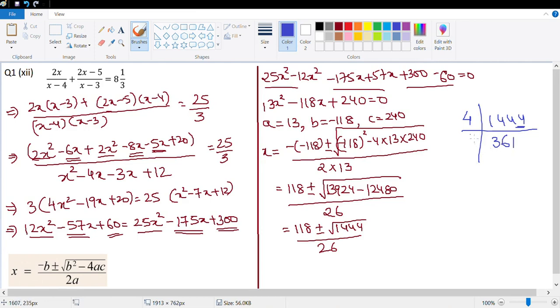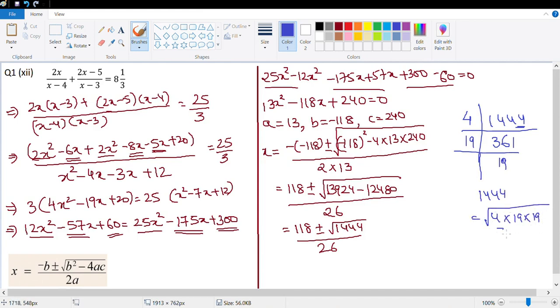Anything else? I think 361 will be a prime number. No, 361 is not a prime number. In fact, it is 19 square, right? 18 square is 324. 19 square is 361. So this is 19 square, which means this 1444 is basically 4 into 19 into 19.